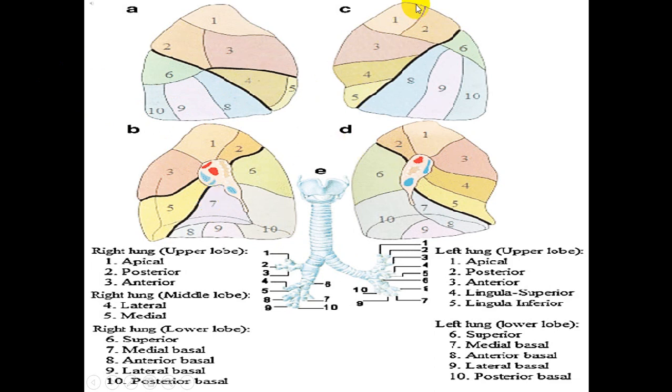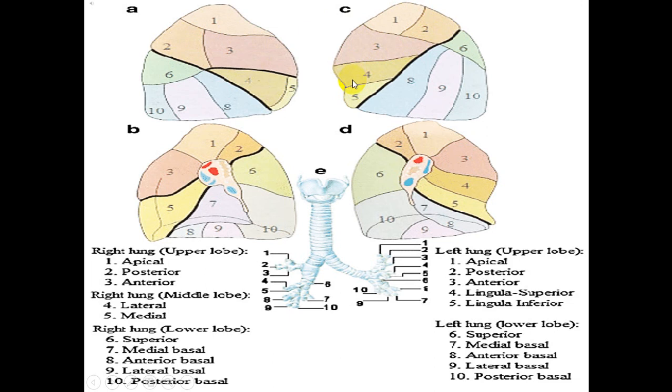On the left lung, in the superior lobe, we have 5 bronchopulmonary segments. 3 of them correspond to these 3. They are apical, posterior and anterior bronchopulmonary segments, while here we have bronchopulmonary segments in the region of the lingula.